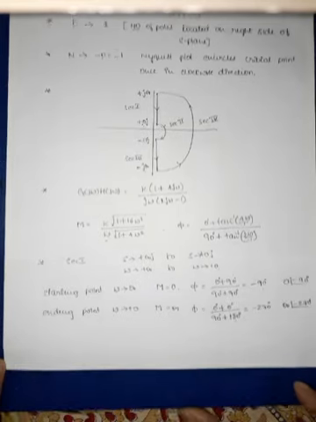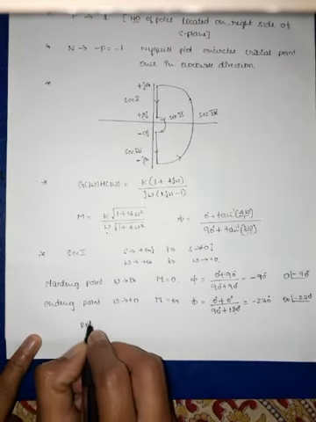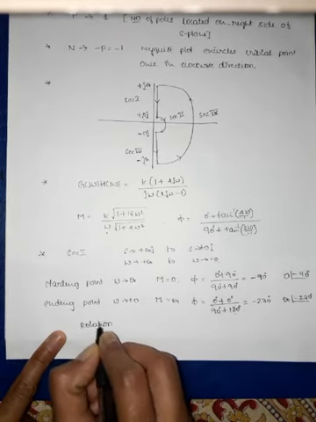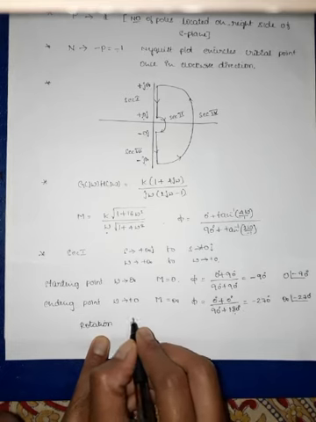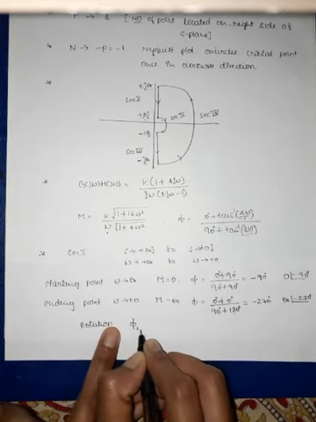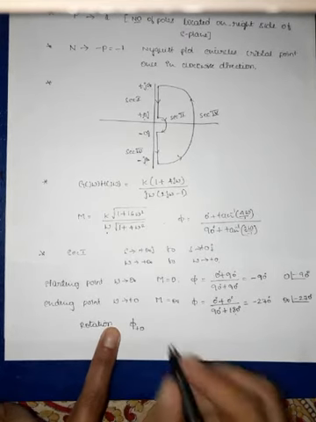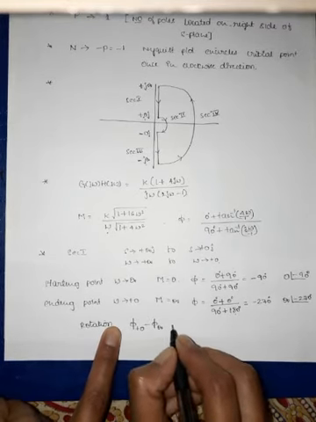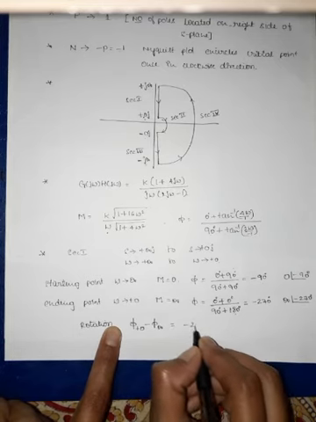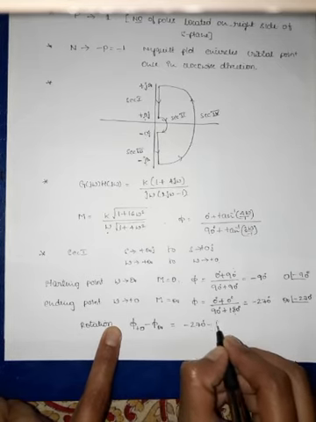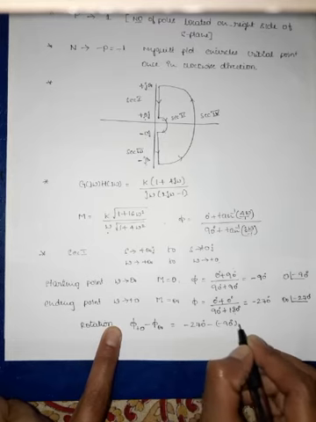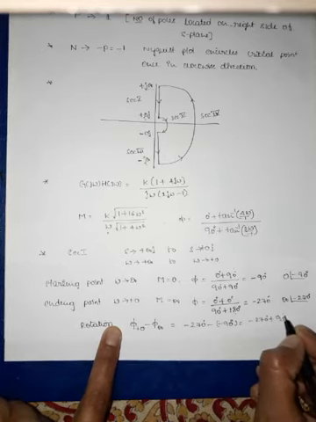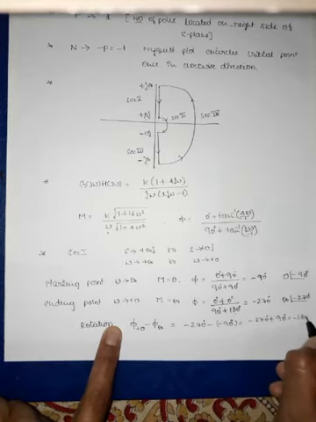Next we need to find out the rotation of the Nyquist plot, that is phase angle with respect to omega equal to plus 0 minus phase angle with respect to omega equal to plus infinity, that is minus 270 degree minus of minus 90 degree, which is minus 270 degree plus 90 degree, equal to minus 180 degree.